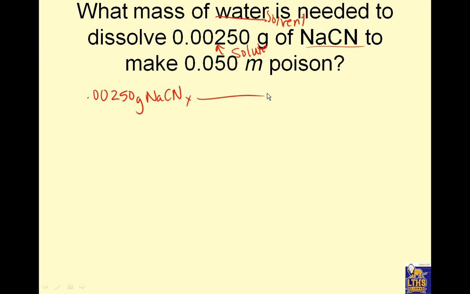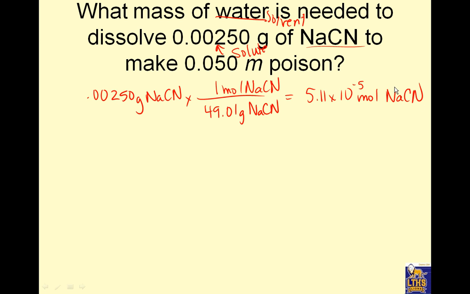We got to go to the periodic table. We find out 49.01 grams of NaCN for every 1 mole of NaCN. And so there are 5.11 times 10 to the negative 5th moles of NaCN.